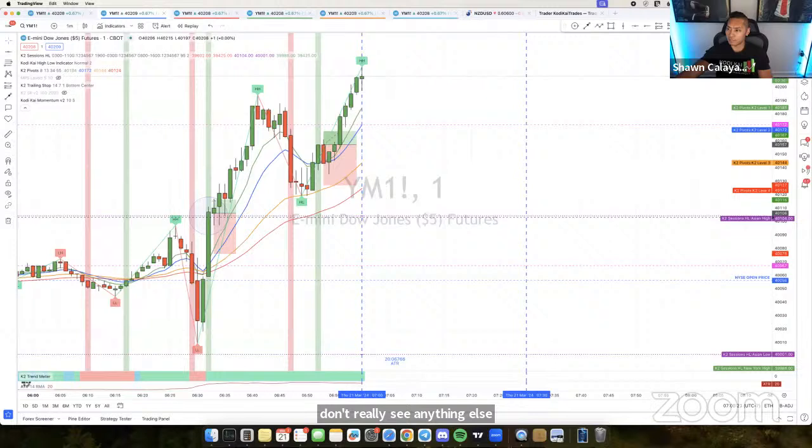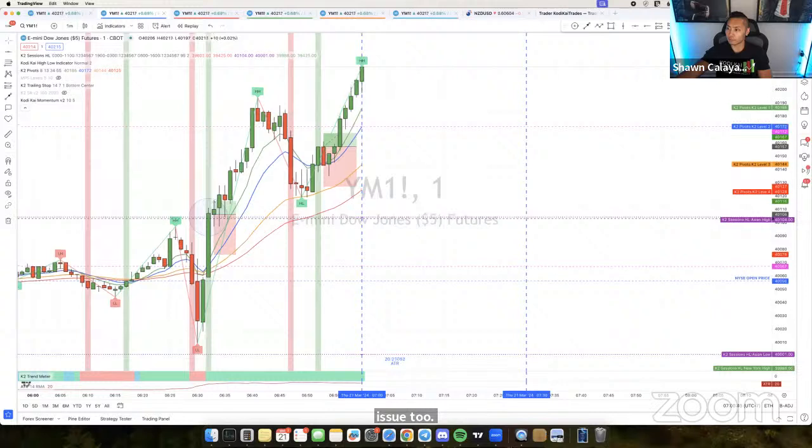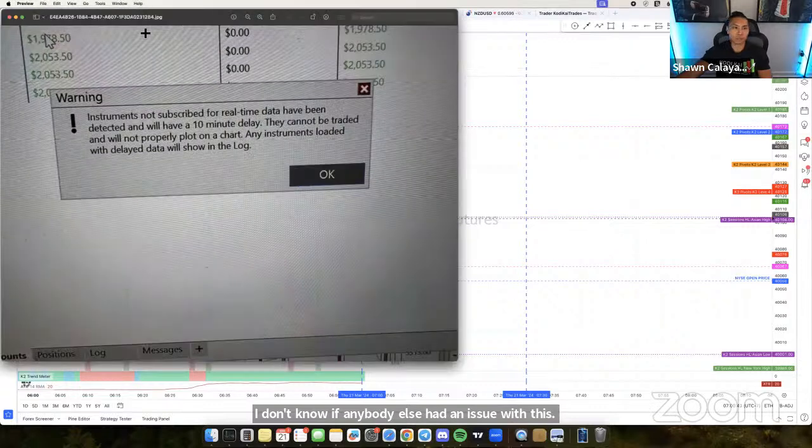So let's see. CT had an issue. Nicholas had an issue too. Yeah, I don't know if anybody else had an issue with this. Let's see, Andrew got this warning over here.